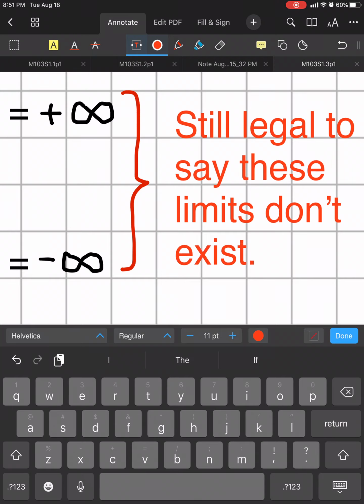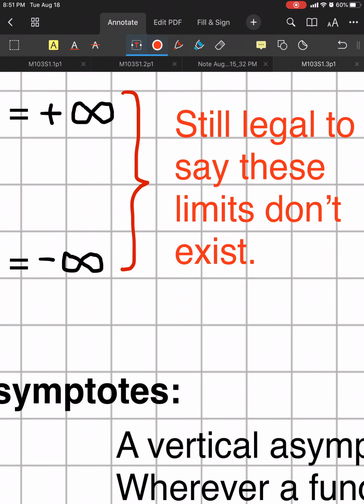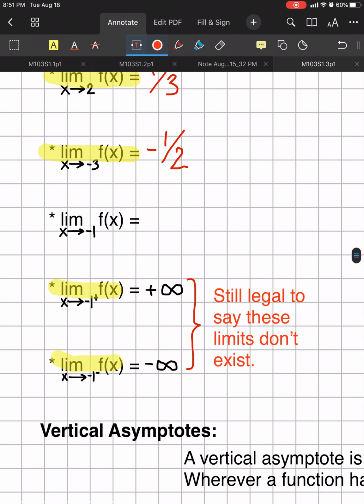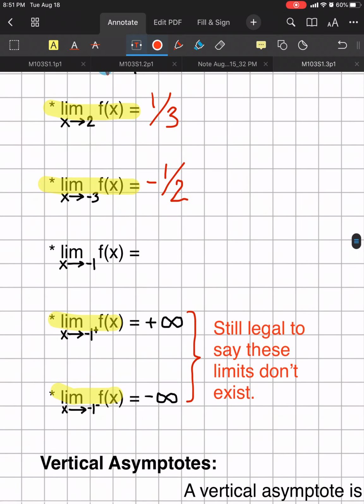Even though we have another term for it now, it's still okay to say limits of infinity or -infinity don't exist because it's okay, but it doesn't tell us everything we might want to know. So typically we say the limit equals plus or minus infinity instead of doesn't exist.